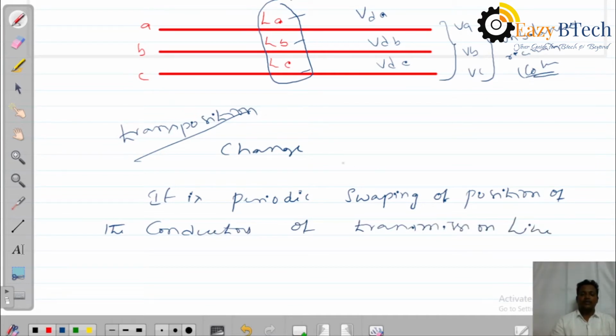Swapping means continuously changing its position.